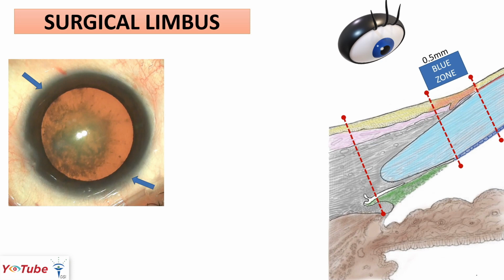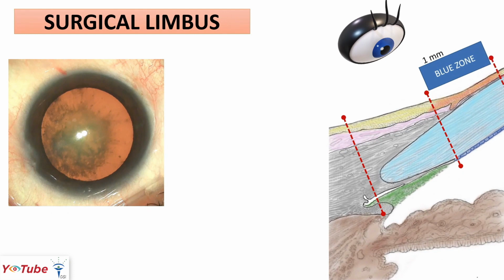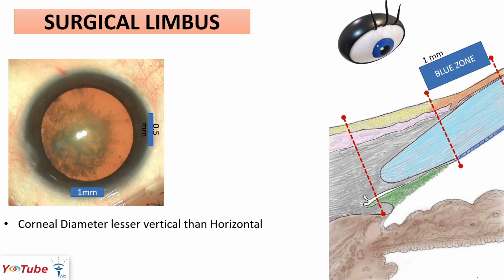As we have seen previously also, the blue zone is narrow horizontally, about 0.5 millimeters, and since the limbal epithelium extends more into the cornea in the superior and inferior parts, the blue zone is around 1 millimeter superiorly and inferiorly. This is also the reason why the corneal diameter is lesser vertically than horizontally. That is because the limbus extends more into the cornea superiorly and inferiorly.